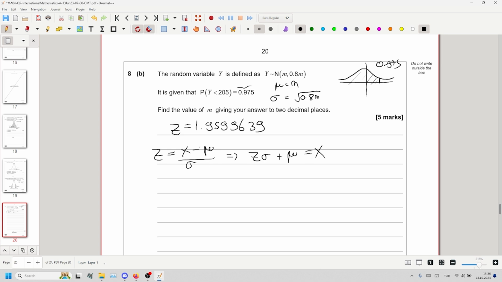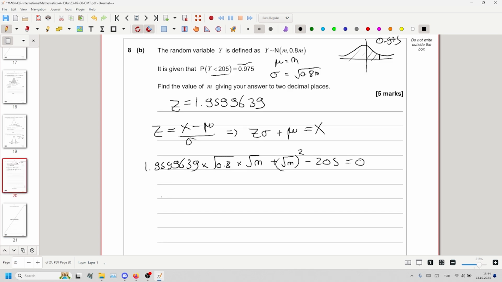Here our z value is 1.95996 something multiplied by our sigma, which is root 0.8 multiplied by root m, plus our mean, which is m. I'm going to write that as root m squared, which is equal to x. Our x value here is 205. I'm just going to subtract that, so subtracted by 205 is equal to 0. This right here is a quadratic equation in terms of root m.